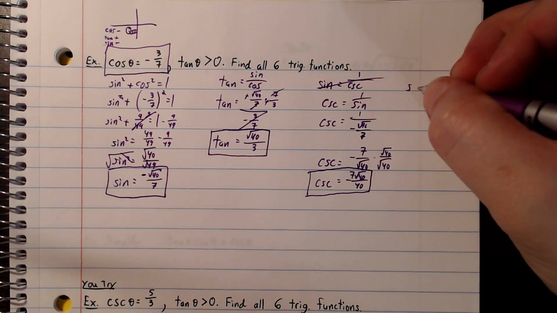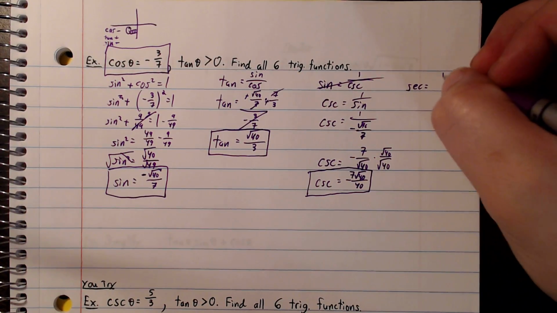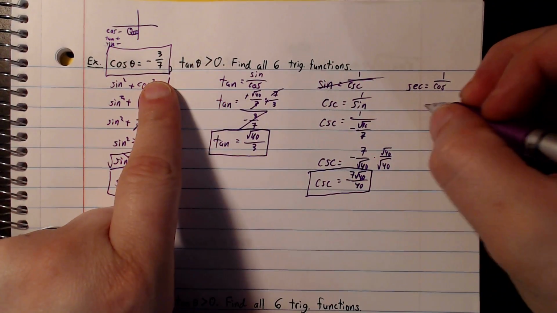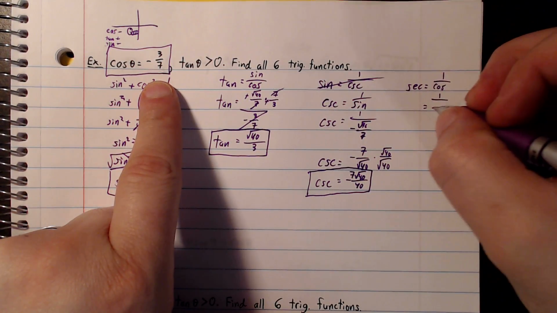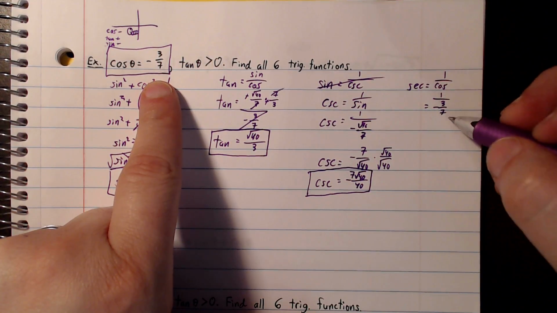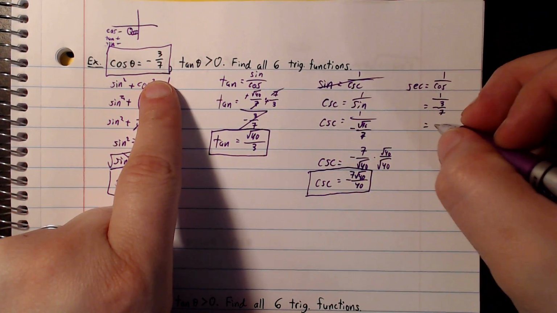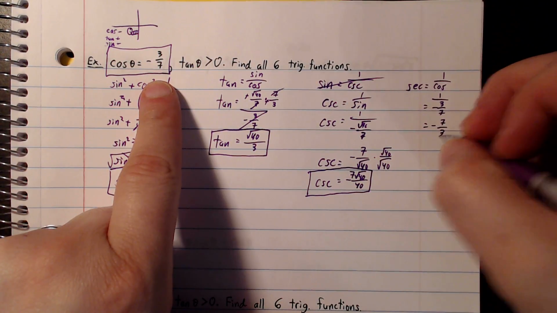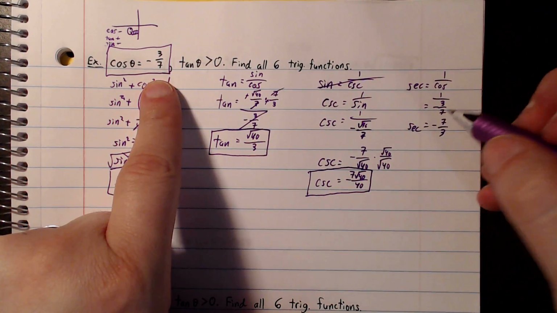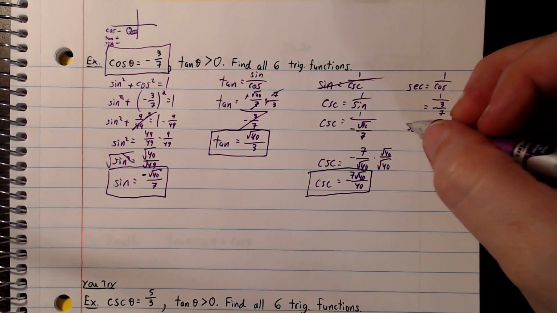We know secant is equal to 1 over cosine. Cosine is negative 3 over 7. Again, if we divide 1 by that, we're just going to take the reciprocal, right? Negative 7 over 3. And we don't have to worry about any kind of rationalizing there, right? So that's secant.